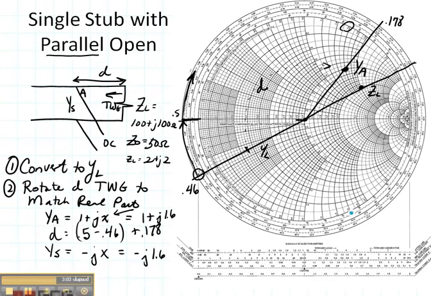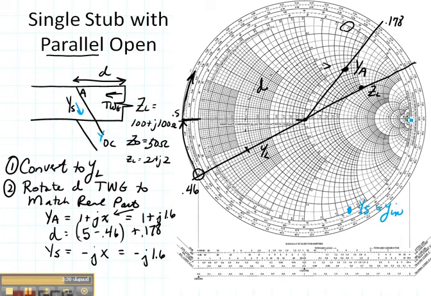So let's plot it out here. Here is 1.6 right there. This is YS. That is the input at the beginning of the stub. That's the value looking into the stub. Now let's plot the load of the stub. The load of the stub is an open circuit, but it is an admittance open circuit because we're working in an admittance chart.